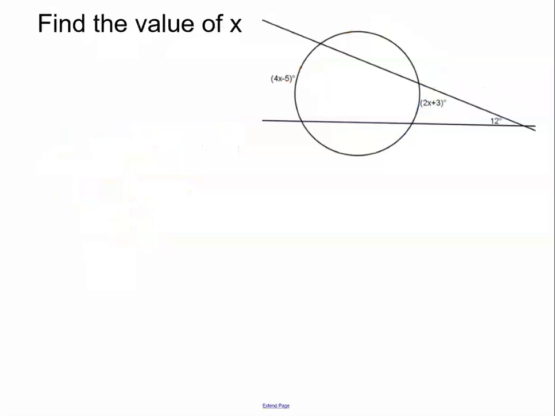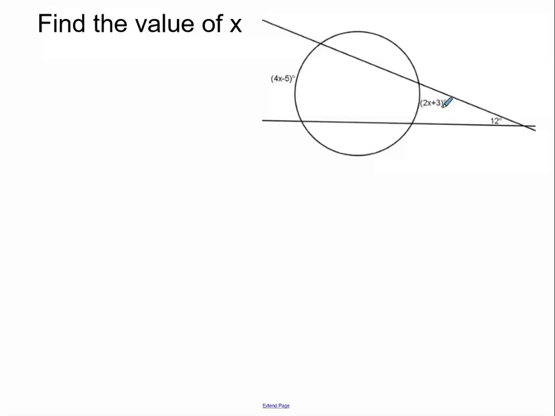Okay. Now this time we're finding the value of x. Again, we've got the angle outside the circle. This time we're given the angle, and we're given information about our big arc and our little arc, but we're not actually given their measures. So we're given it in terms of x's.